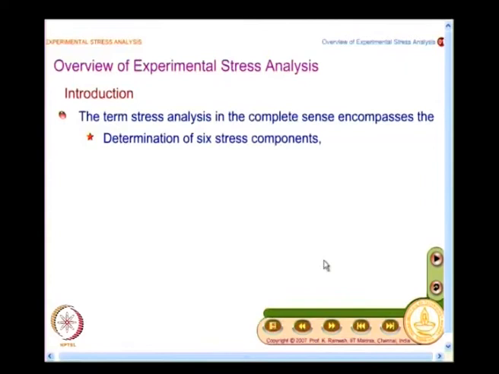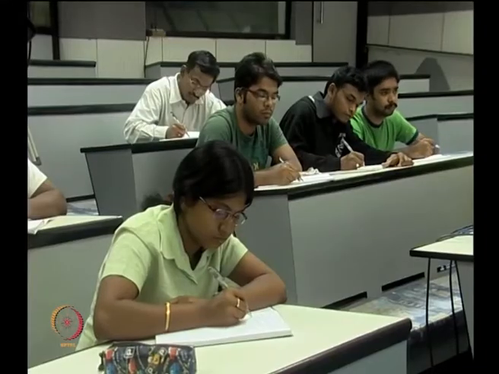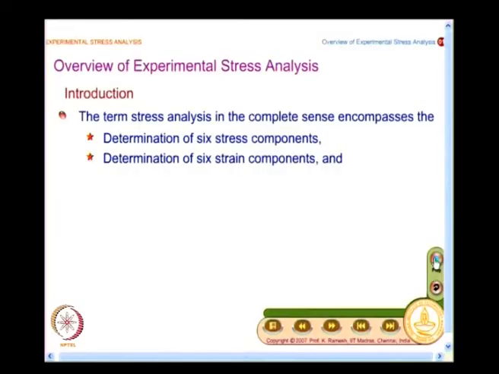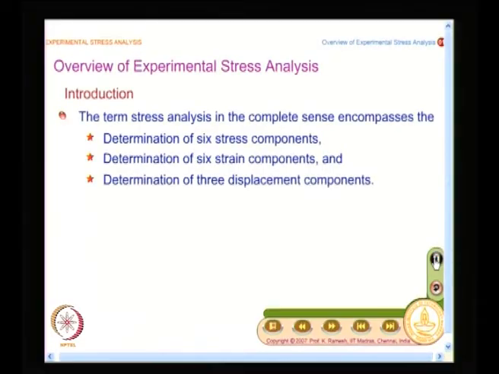So, when I say stress analysis, I should know the stress components. Then I also need to know the strain components, and they are again 6, because strain is also a tensor of rank 2. So, I need to get 6 stress components, 6 strain components, and it is also desirable that I get the displacement components, which are 3.